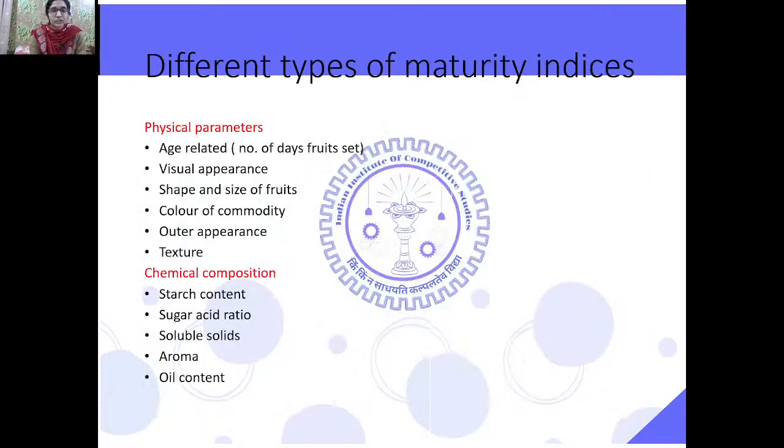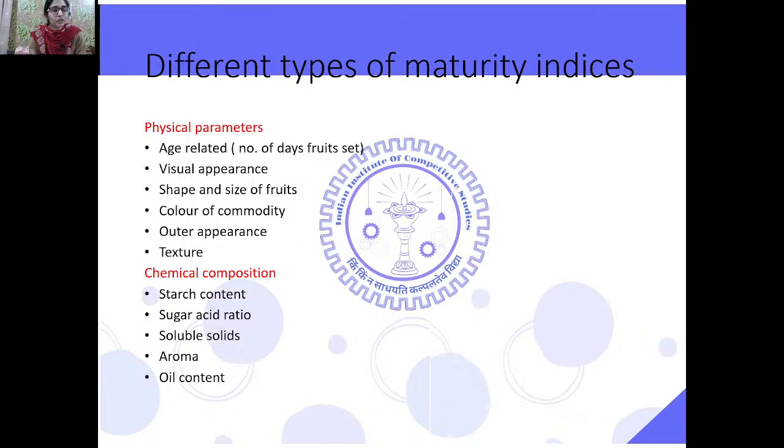Then these are the different types of maturity indices which have been prescribed by the different legislating bodies. Age related, like apple will mature in so many days, it will take months or days. Similarly for banana, for mango.